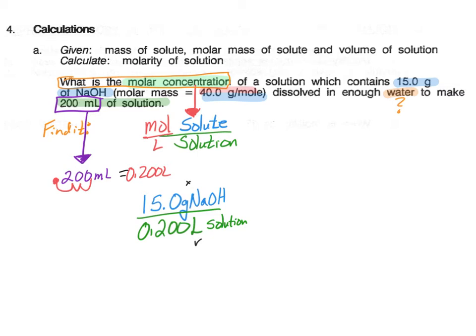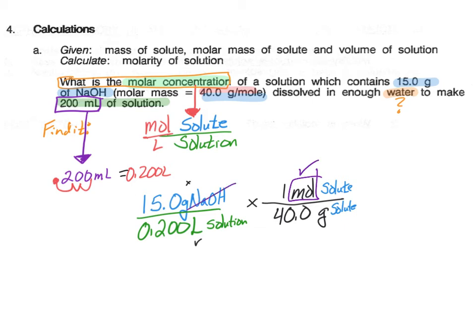So now I want you to look at it and see if I have grams on top in my molar mass, what goes on the bottom, grams or moles. Hopefully you see that grams goes on the bottom, and that 40 stays with the grams, so we're going to put 40 grams on the bottom and 1 mole on top. We now have our answer in moles per liter, which is exactly the units we're looking for.